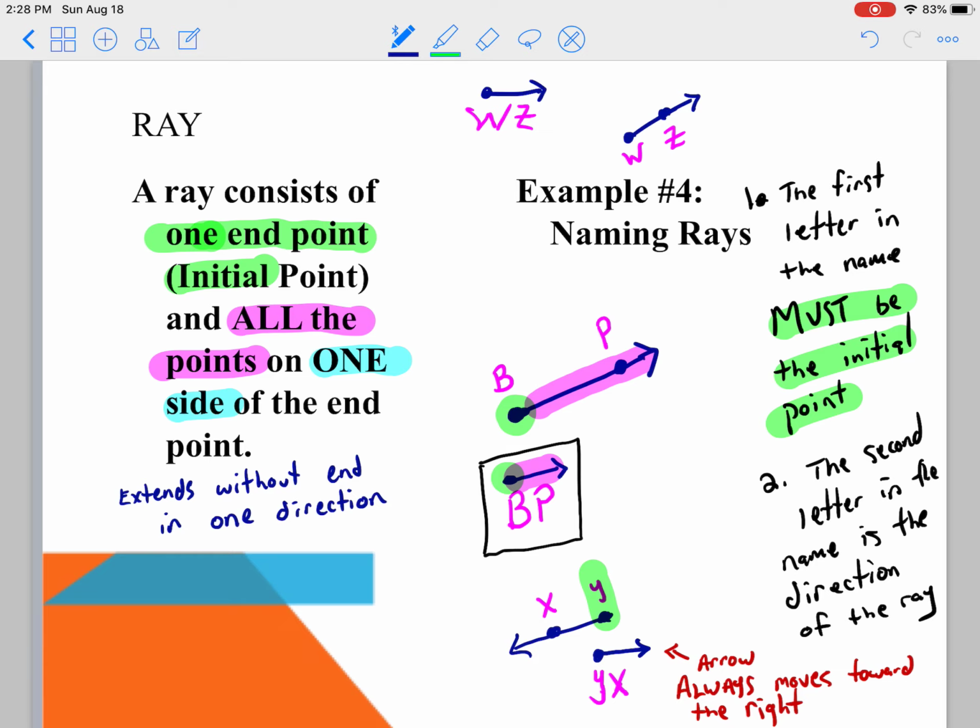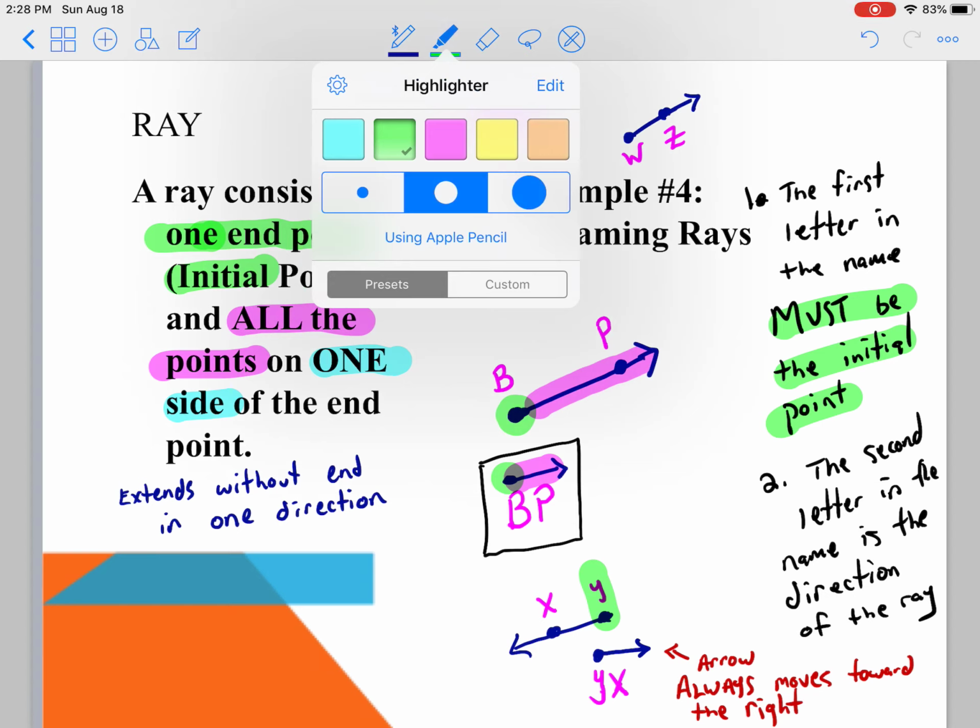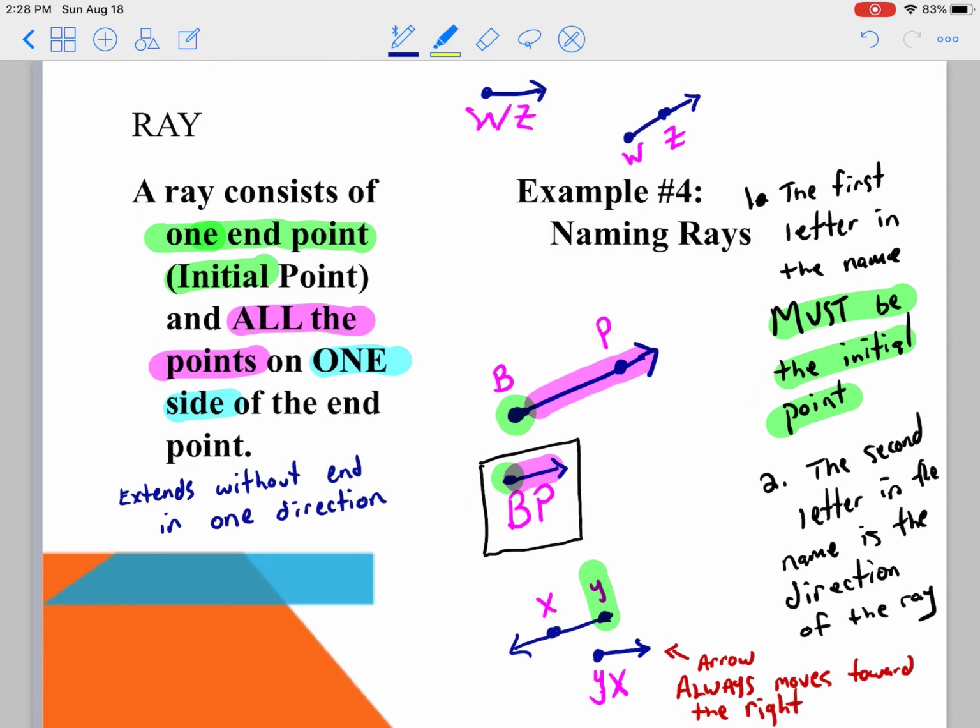So make sure that you keep the notation of always having the arrow moving toward the right, with the initial point or the endpoint being written first in the name of the ray.